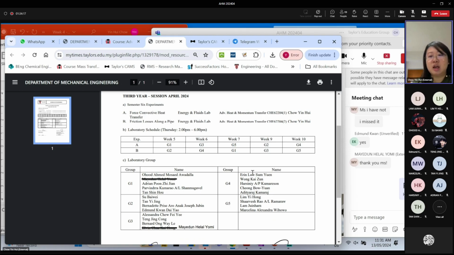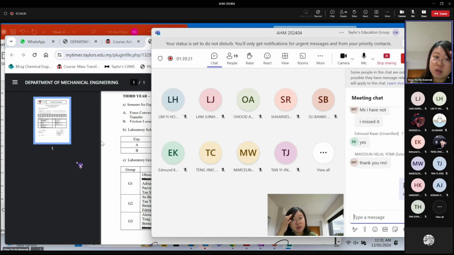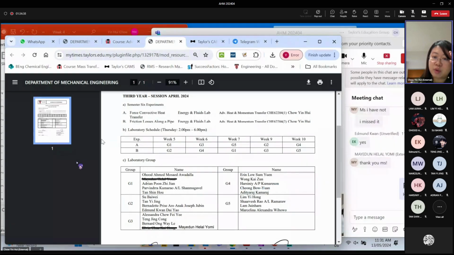For group 4, I've checked the system. Boyan is still registered with the module, but when I checked his attendance, he has been absent for 3 weeks, not only for this module but for other modules as well. Is anyone from the same cohort as Boyan? Are you still in contact, and do you have any idea whether he's transferring, or is he going to continue his study at Taylor's?